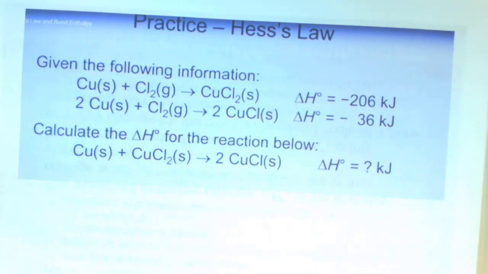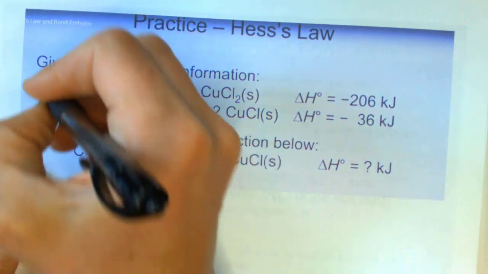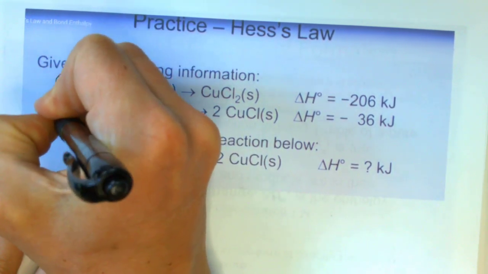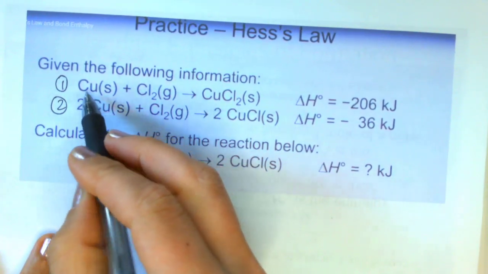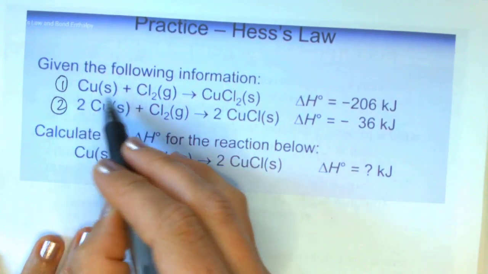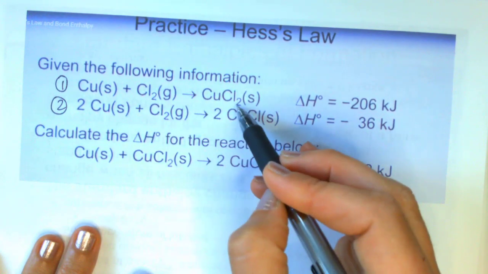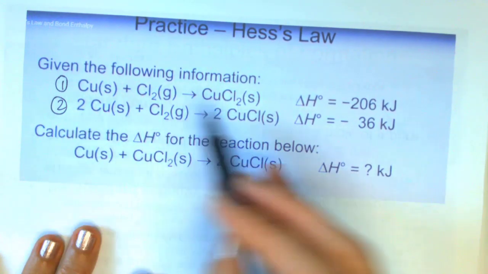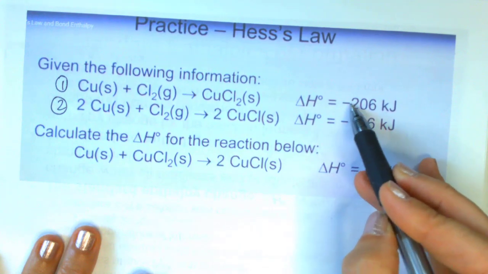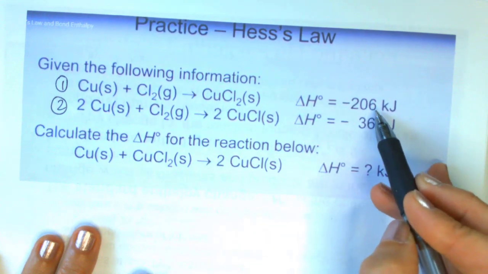Let's look at another one. So we're given 2 elementary reactions. The first one is copper plus diatomic chlorine to give us copper 2 chloride. This, with a exothermic reaction.